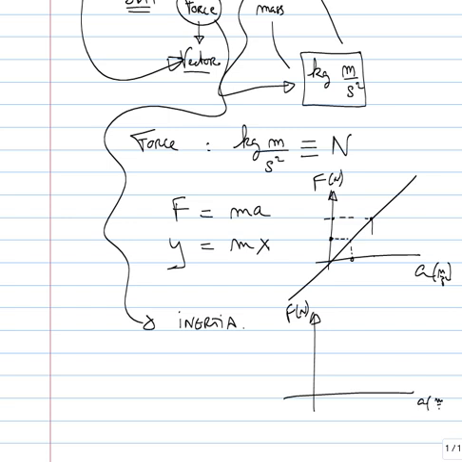So let's say this refers to a small mass. If you're dealing with a bigger mass, then this would look like this, a bigger slope. That is, let's say this is the bigger mass, this was our original mass.